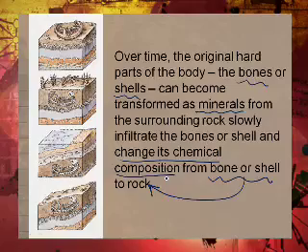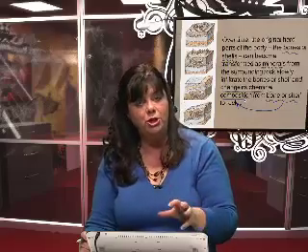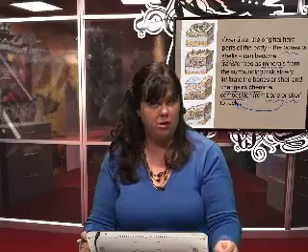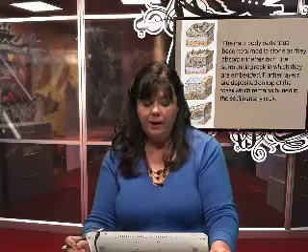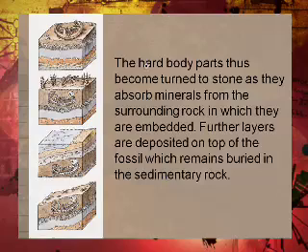So what was originally bone or shell is now rock. The hard body parts, now no longer bone but rock, thus become turned into stone as they actually absorb the minerals from the surrounding rock in which they are embedded.